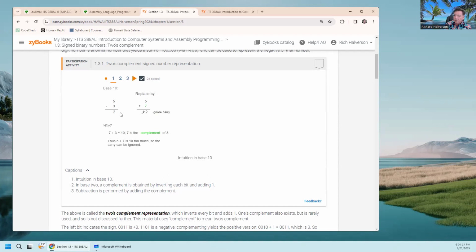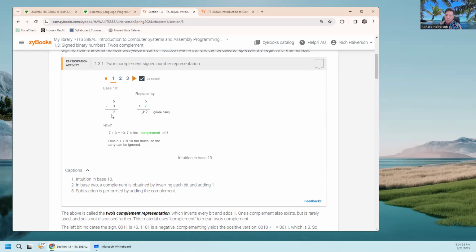Five minus 3 is 2. So 5 plus minus 3. If in base 10, say 10 is the biggest number you can have.